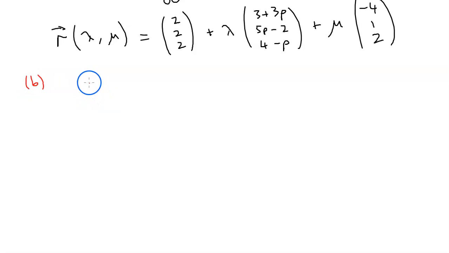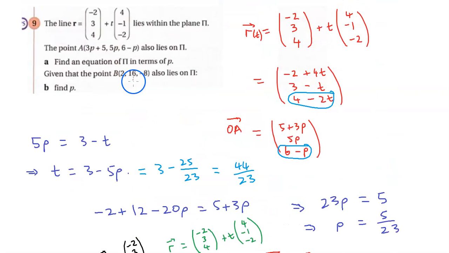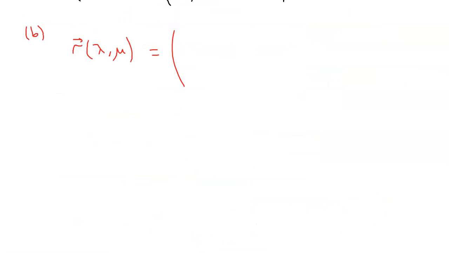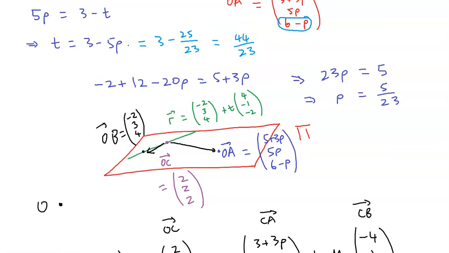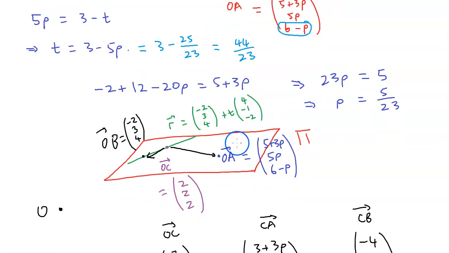So we got this vector that's on the plane. So r of lambda, mu, for some values of lambda and mu, is equal to (2, 16, -8), because that point is somewhere on the plane.